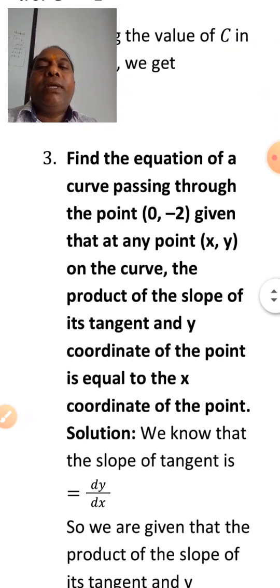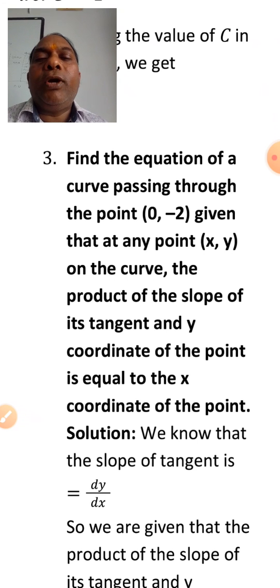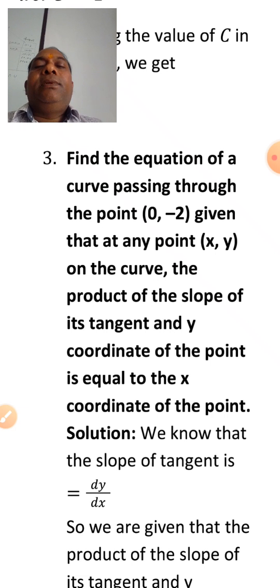Find the equation of the curve passing through the point (0, -2), given that at any point (x, y) on the curve, the product of the slope of its tangent and the y coordinate of the point is equal to the x coordinate of the point. Clear?